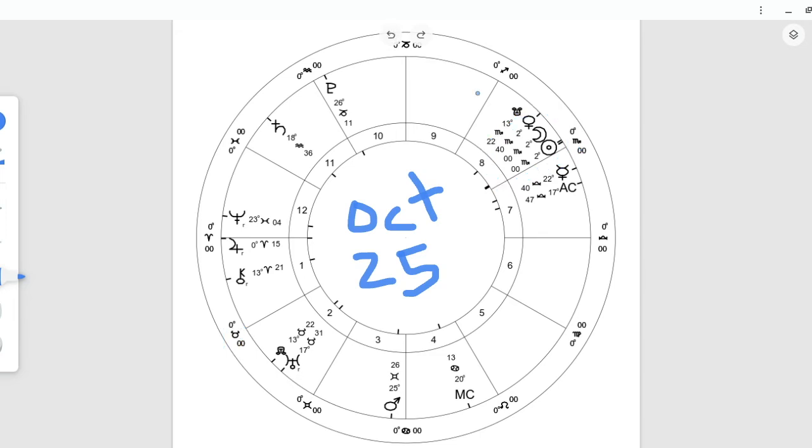What we also have here is a trine happening. It's an out of sign trine, so normally a trine aspect, which is a very harmonious aspect, is going to be from planets that are in the same element of each other.